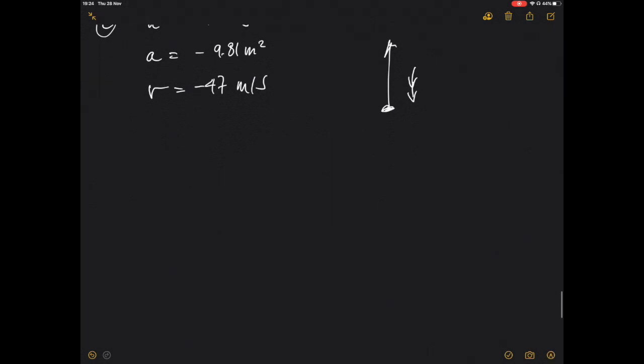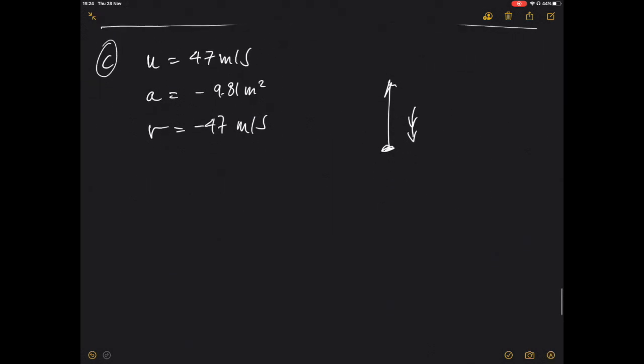So all we need to do here is stick this into our equation, where we have u, we have v, we have a, and we want to find t.